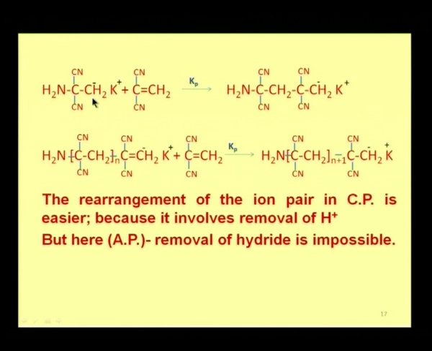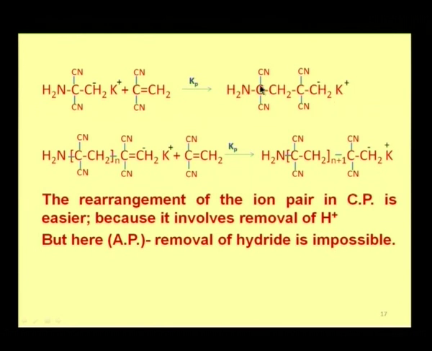Now, let us proceed with the propagation and the termination too. So, what happens in the propagation step? Basically, I have a carbanion with its counterpart, the K+ ion, and this is going to be attacked by another molecule. Here you have this molecule, and this carbon is electropositive because of the presence of the cyano groups on either side, and it attacks your carbanion very easily, and then the chain grows like that.